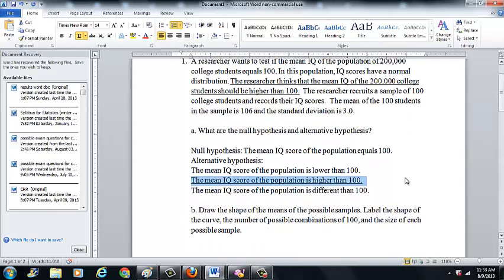Question B says, draw the shape of the means of the possible samples, label the shape of the curve, also label the number of possible combinations of 100, and label the size of each possible sample.